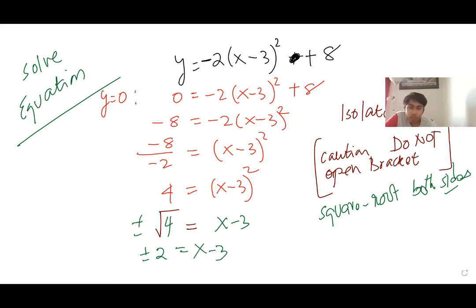And therefore, now you get your answer. There are a couple of mistakes which you could still make. x is equal to 3 plus and minus 2, and that gives you two solutions, which are 5 and 1. So that is how you solve a quadratic equation given in vertex form. Is that clear to you?